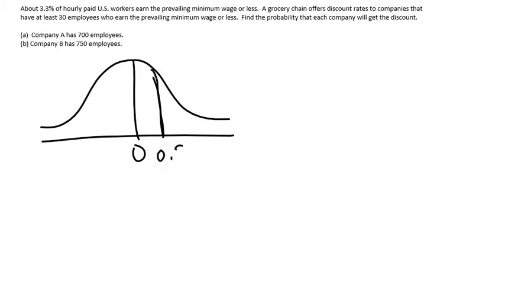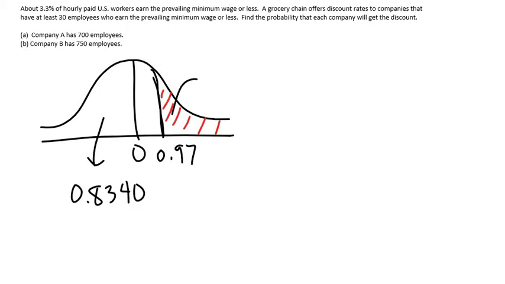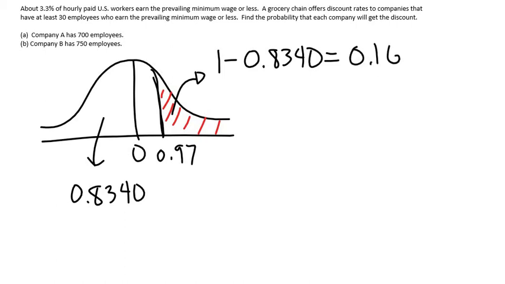This is the 0.97, and I'm looking for the area to the right. And we just found that this area is equal to 0.8340. Therefore, this area is going to be 1 minus 0.8340, which is equal to 0.1660. So the probability that company B will get the discount is 0.1660.